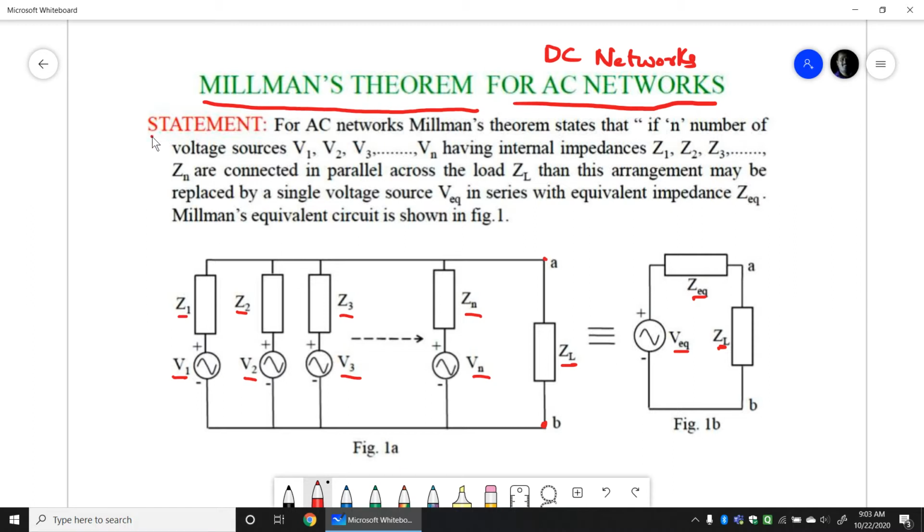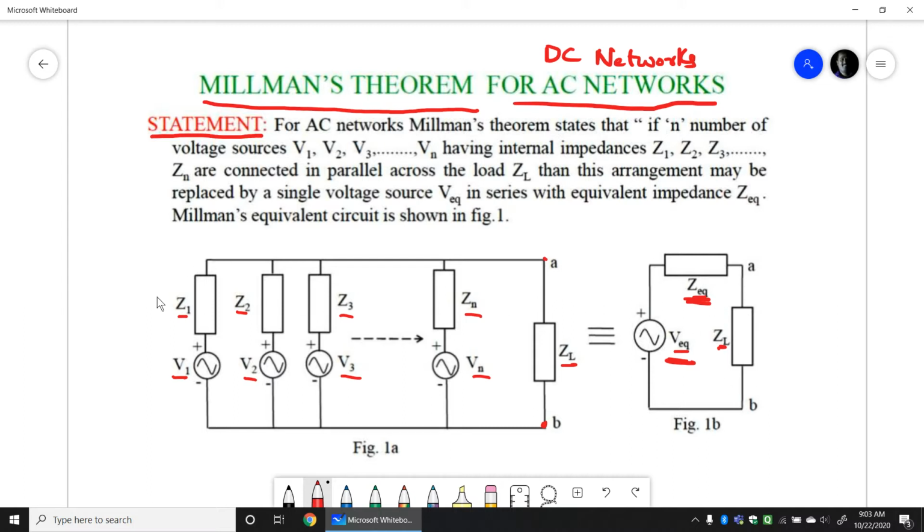Now let us look into the statement first. For an AC network, Millman's theorem states that if you have n number of voltage sources, each with its internal impedance, or an impedance connected in series with the voltage source, and these n branches are connected in parallel across the load impedance, then this arrangement may be replaced by a single voltage source in series with a single equivalent impedance, and that in turn in series with the load impedance.